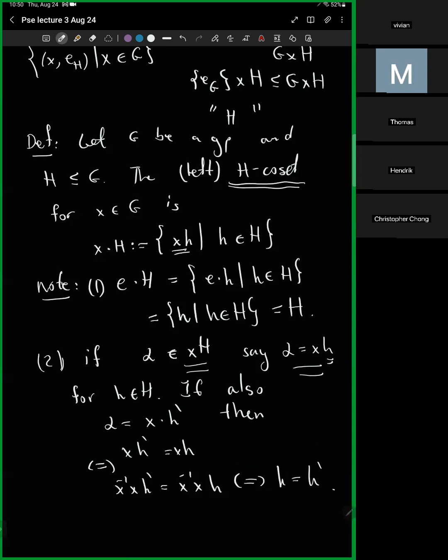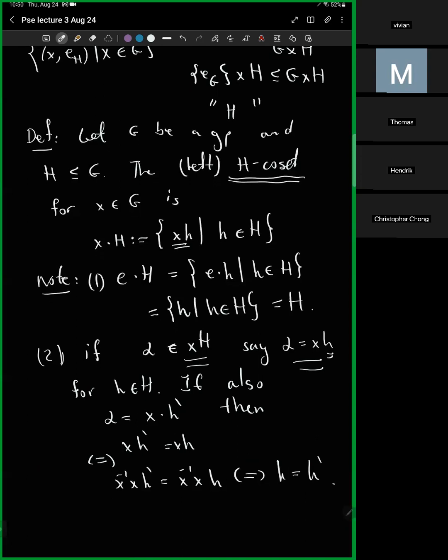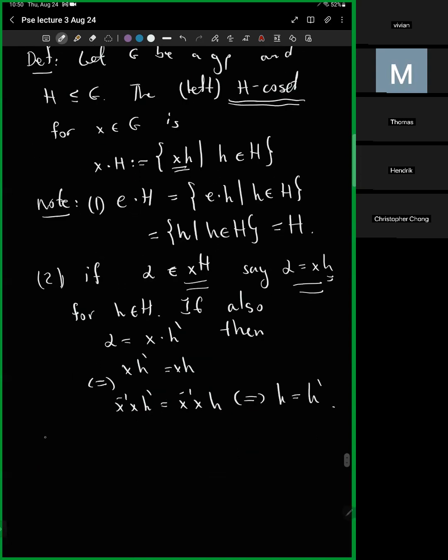Okay, example. Now, I take G equals the integers, and H is equal to nZ, which is the integers that are multiples of n.